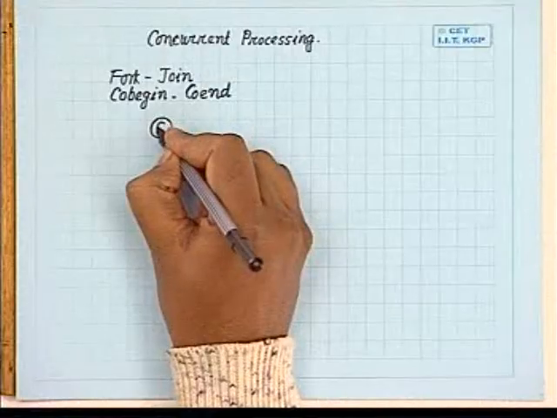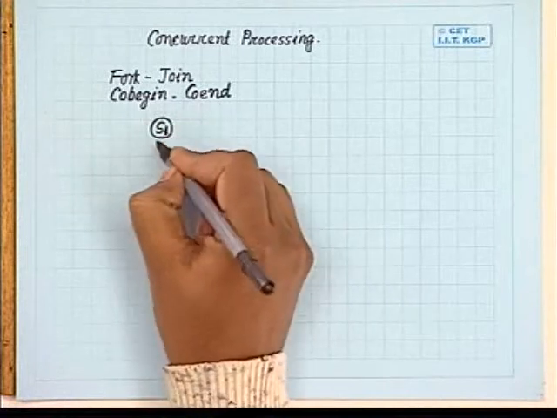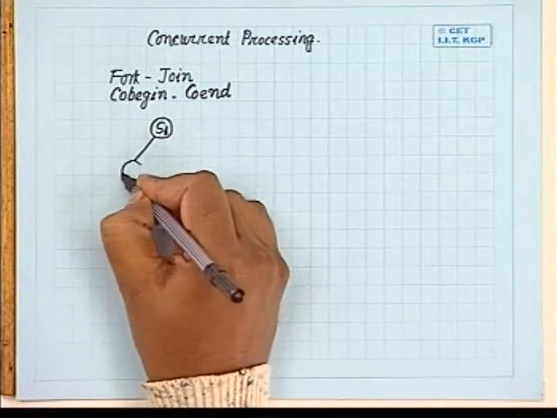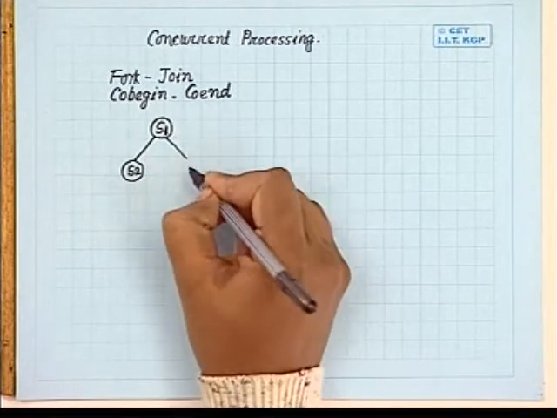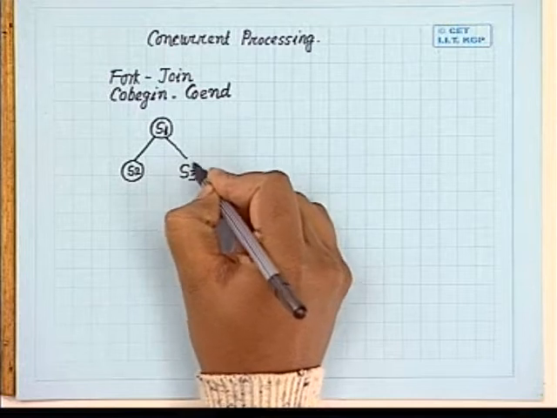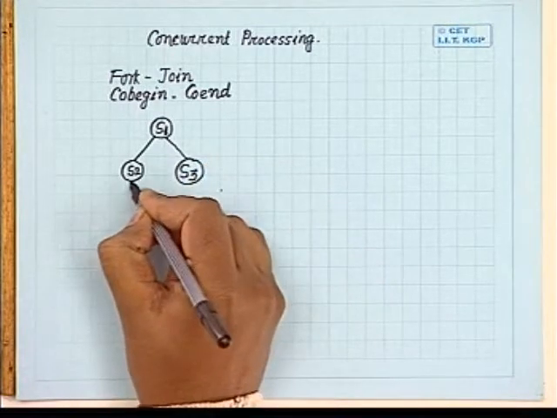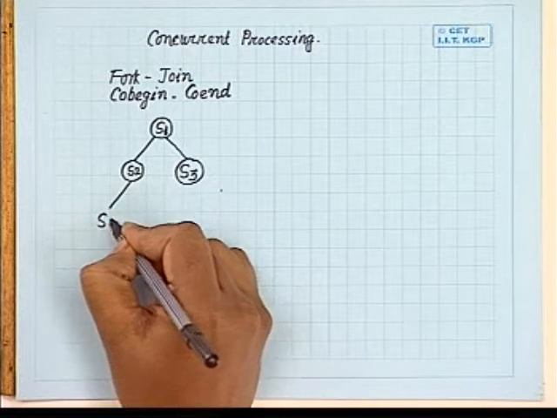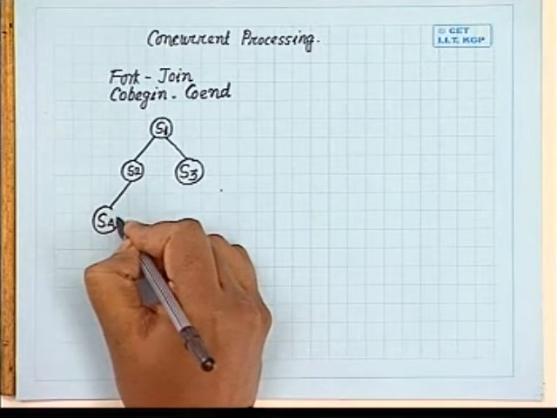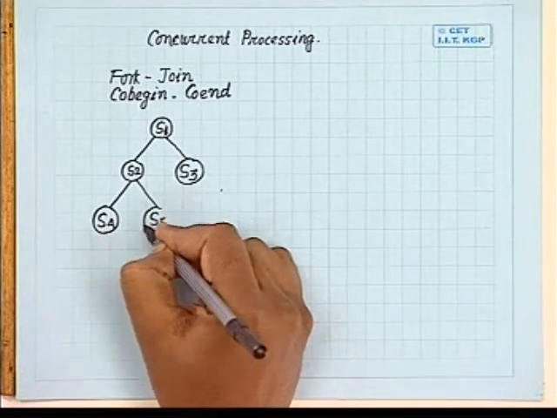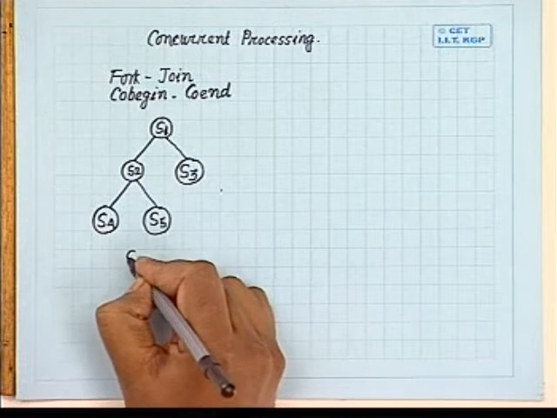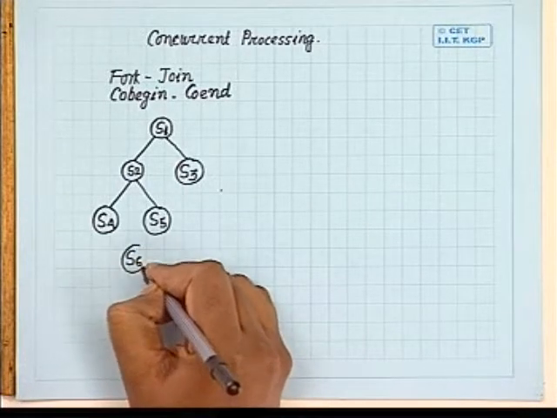In the last class we took a precedence graph with a number of statements S1, S2, S3, S4, S5, S6.